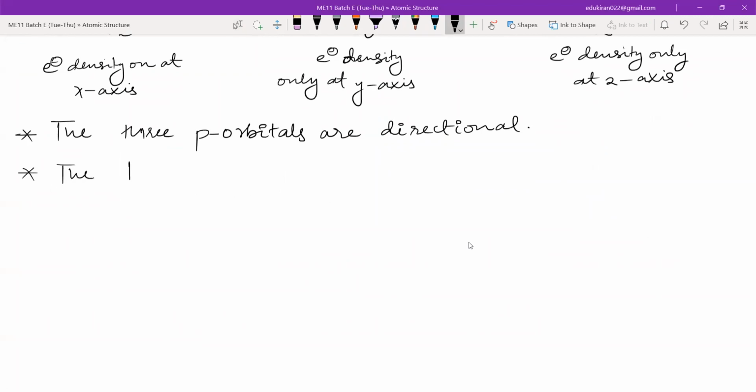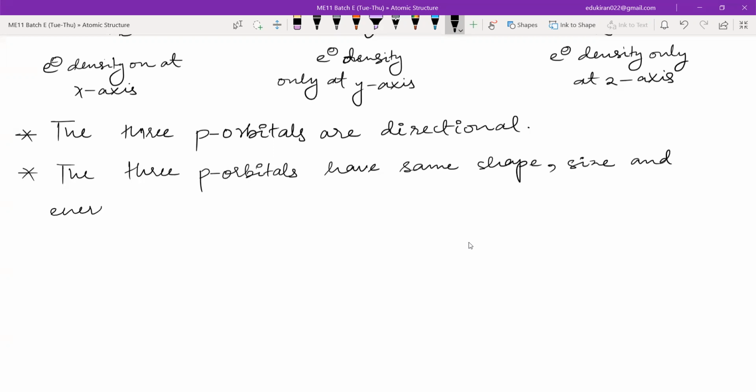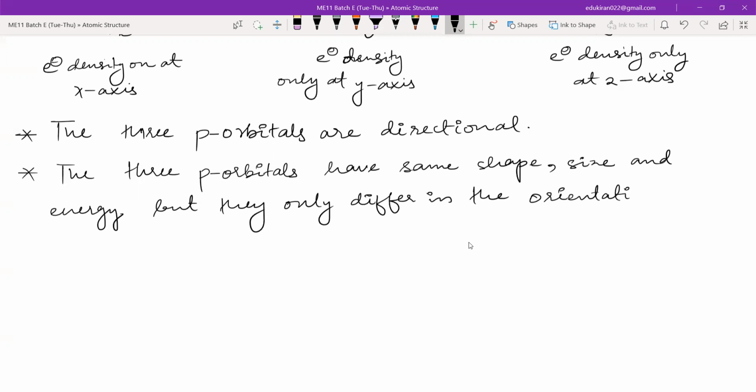The three p orbitals have same shape, size, and energy, but they only differ in the orientation of electron density.